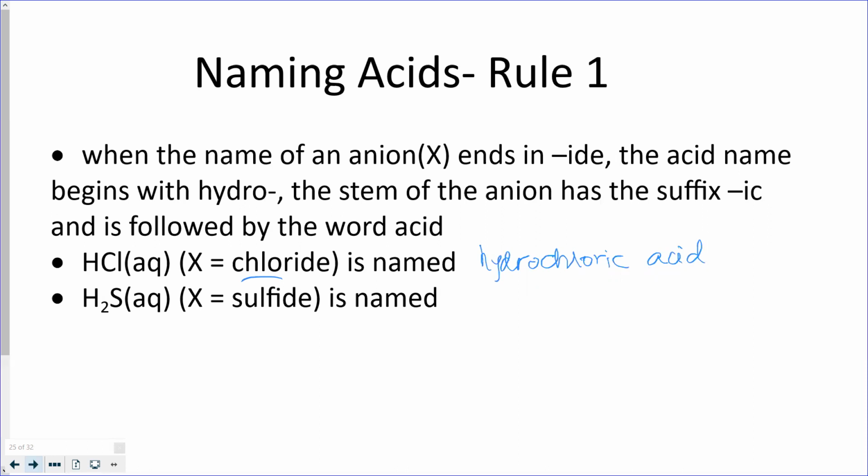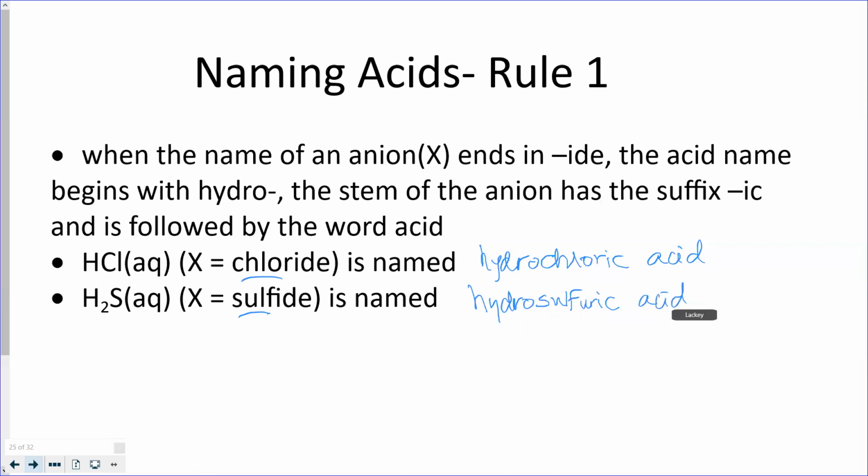Or like H2S, S is sulfide with that IDE ending. So following the rule, it has the prefix of hydro, and the main part of the word. This one, if it was like sulfic, it doesn't sound right, so they put sulfuric acid.